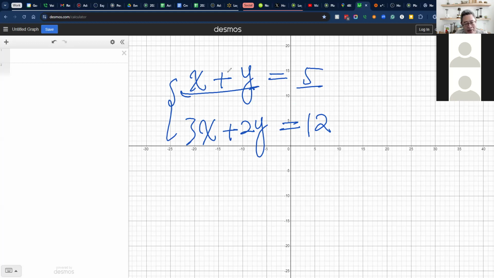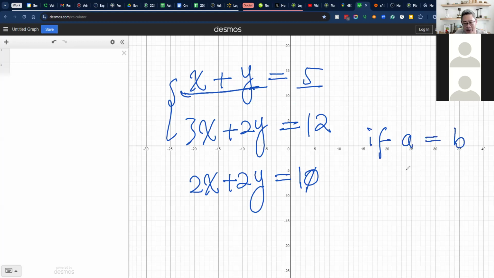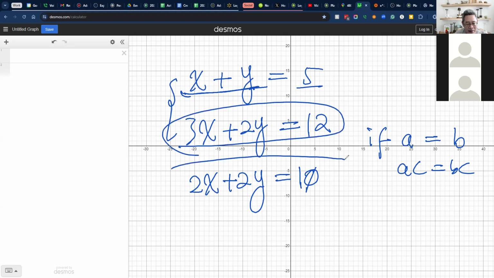If that's the case, I'm going to multiply the first equation by 2. So it becomes 2x plus 2y equals 10. And again, the reason we can do that is the multiplication property of equality: if a equals b, then a times c is b times c. But now you can see we can use subtraction again with this minus this.